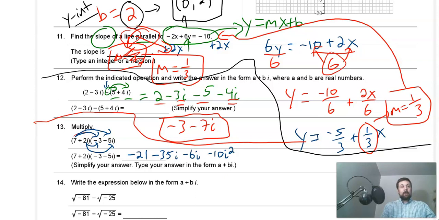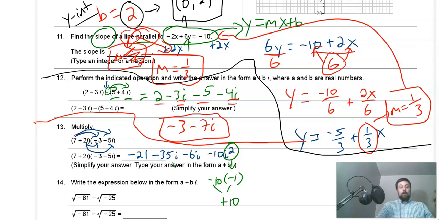Then the next step would be to get rid of the i squared and replace it with negative 1. Because that's the definition of i, right? i is the number that when you square it equals negative 1. So this is just simplifying that number. i squared is negative 1. And so we get negative 10 times negative 1, which is going to be positive 10.